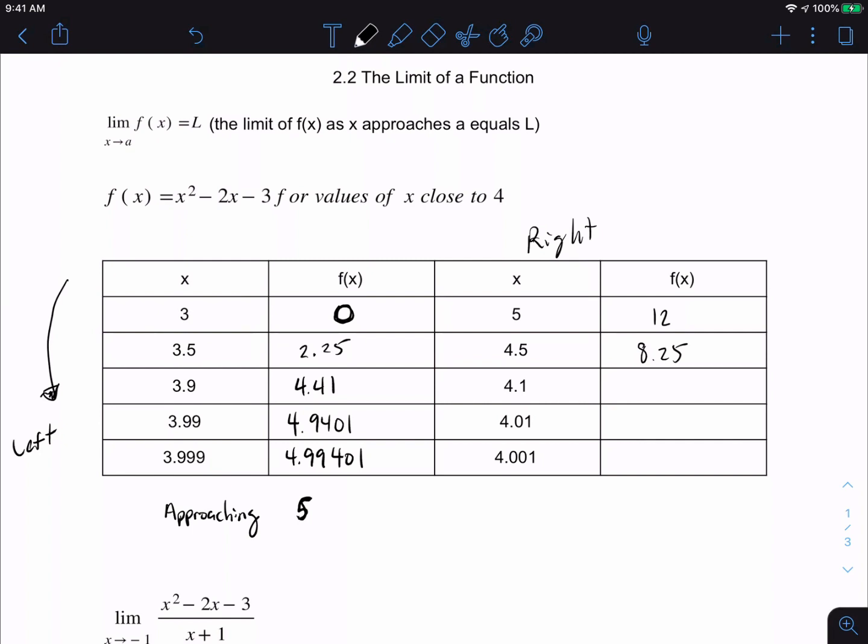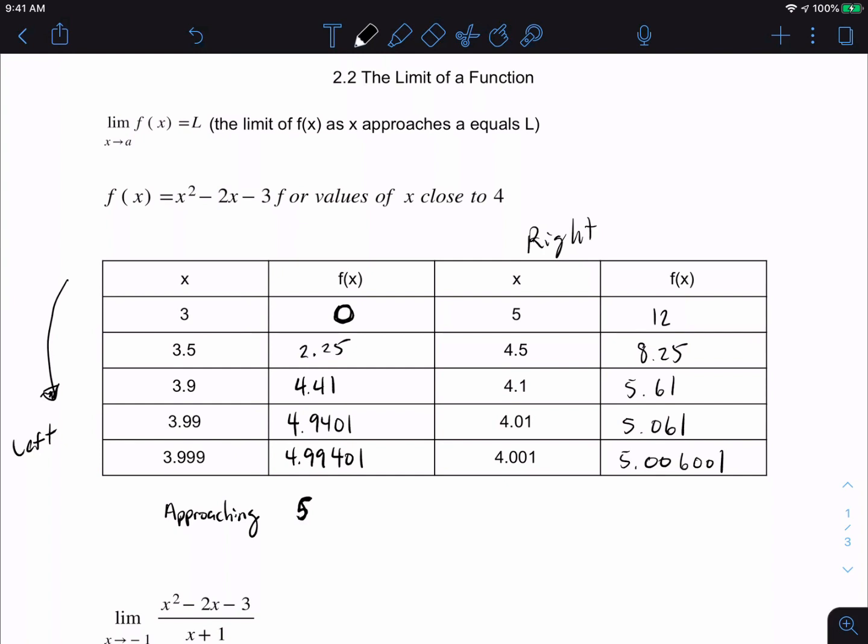4.5 is going to give me 8.25. That's going to give me 5.61, 5.061, and then this one's going to give me 5.06001. What's the other side look like it's approaching? Doesn't it look like it's also approaching 5?